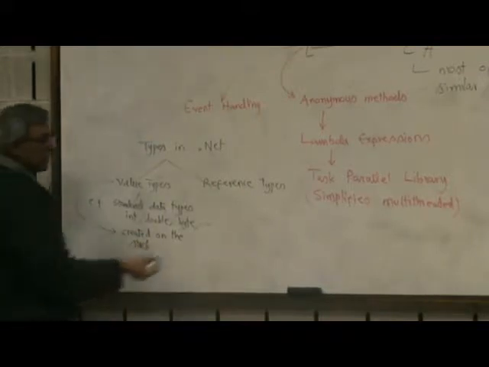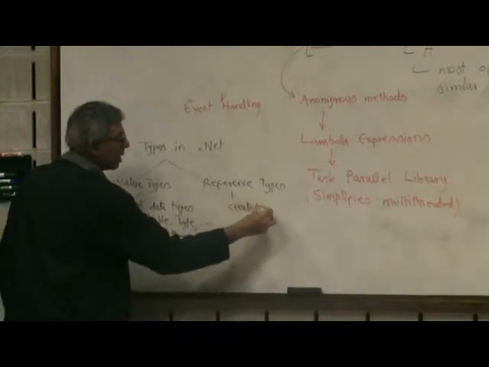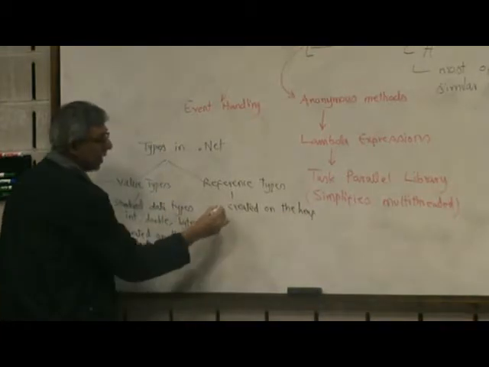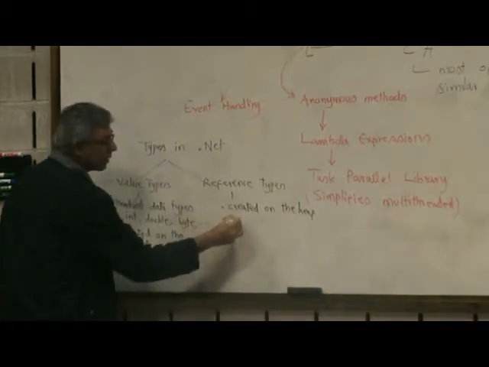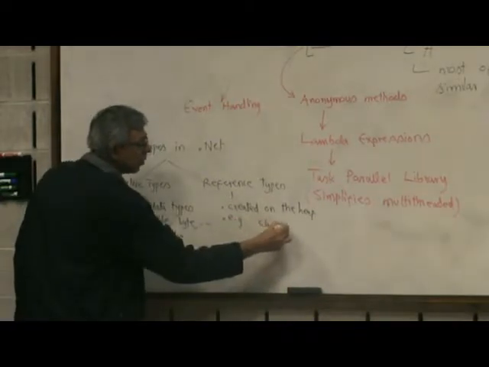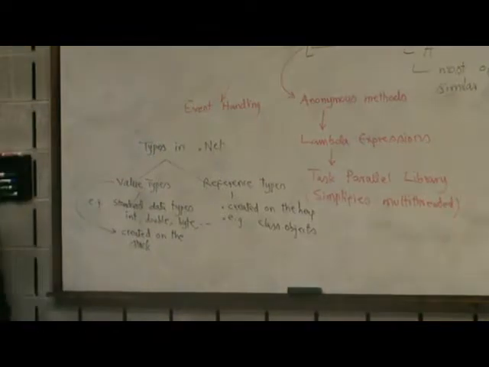Okay, what are reference types? Reference types are created on the heap. And what are the examples of reference types? For example, class objects. Whenever we allocate memory for an object of a class, we allocate it on the heap, right?